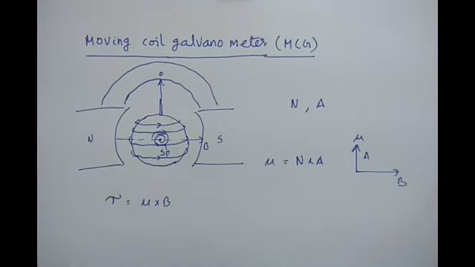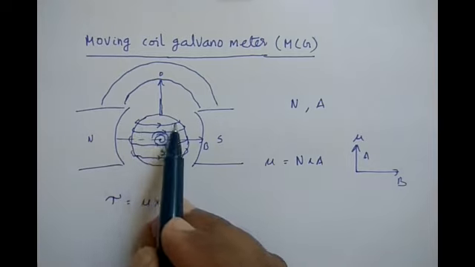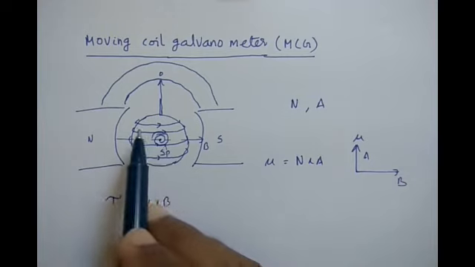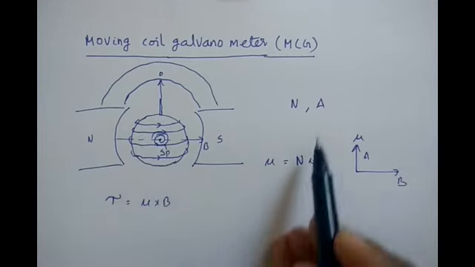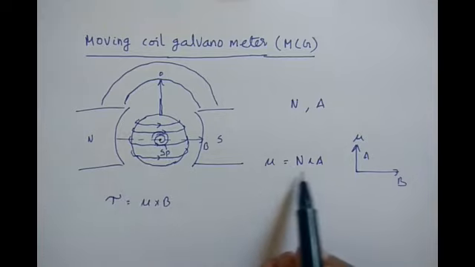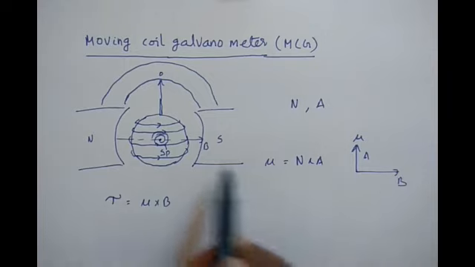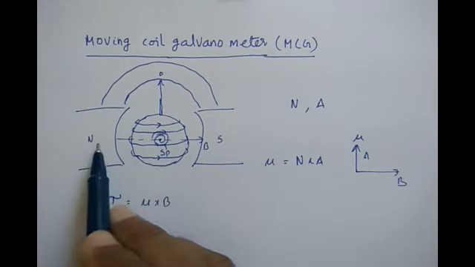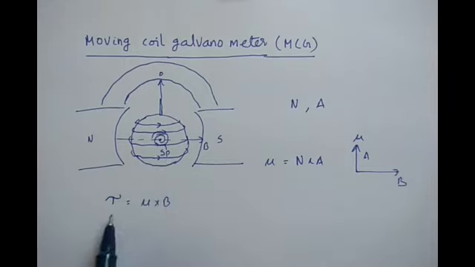Whenever you place a current carrying loop, and there are many loops, the magnetic moment of each loop is I A, and there are N loops, so you get the total magnetic moment of the coil as N into I A. When you place that coil in a magnetic field, you see the torque, and that torque equals mu cross B.